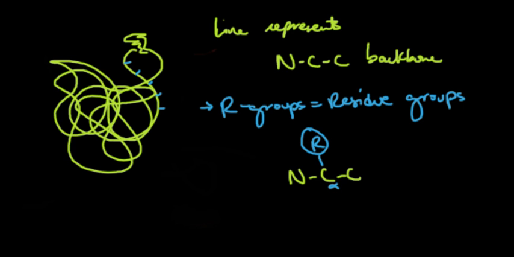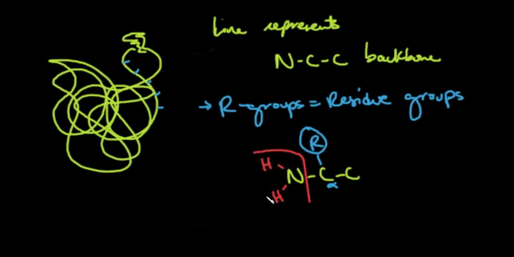Off of that nitrogen, you could end up with two hydrogens, which is part of an amine or amino group.